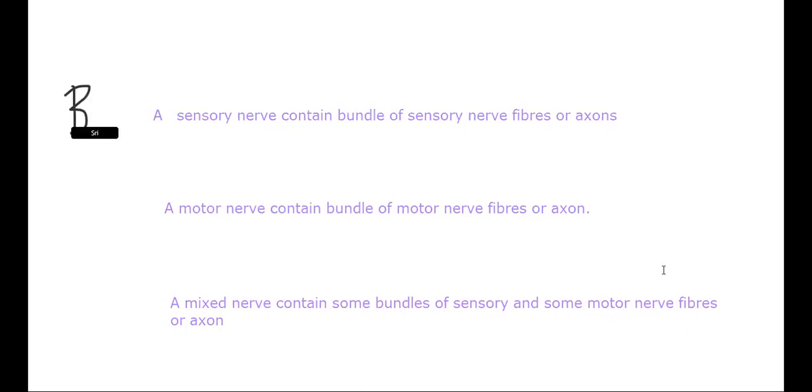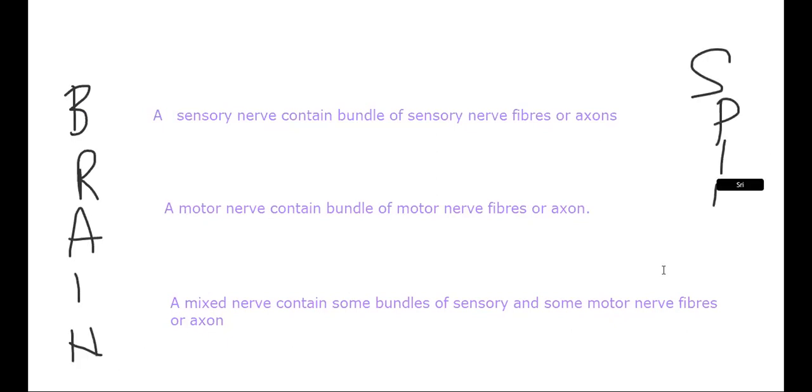This is the brain and this is the spinal cord. Sorry, we need to write this as body part. Brain or spinal cord, whatever it may be, it is the same. Let me erase this. Please give me permission to erase. Yeah, I'll write it as body part.